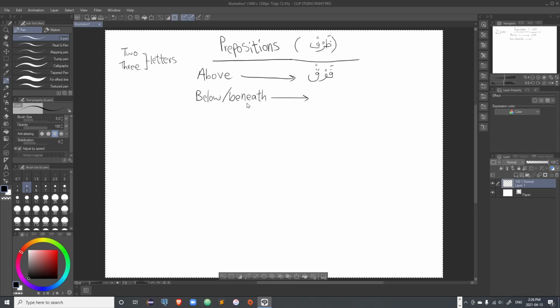And for beneath, we are speaking about the preposition beneath, beneath the table, beneath the couch, as opposed to the belittlement beneath. When you say you are beneath me, that has a different word in Arabic. That would be تحت.